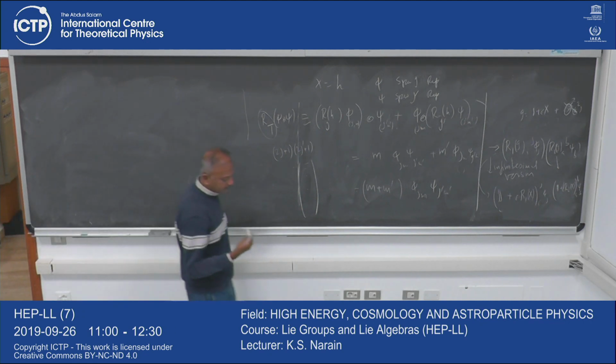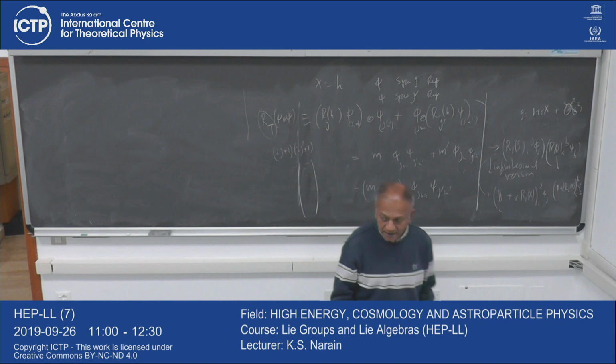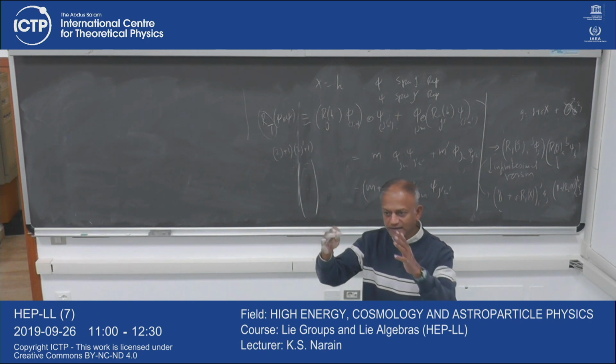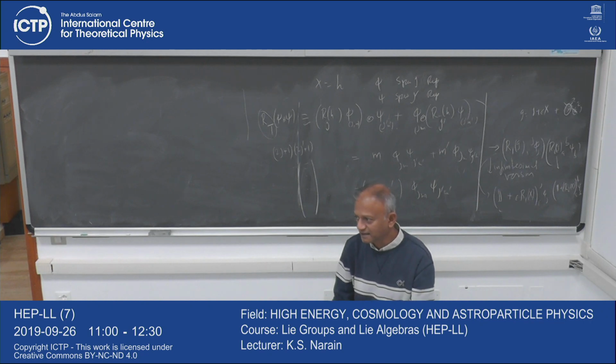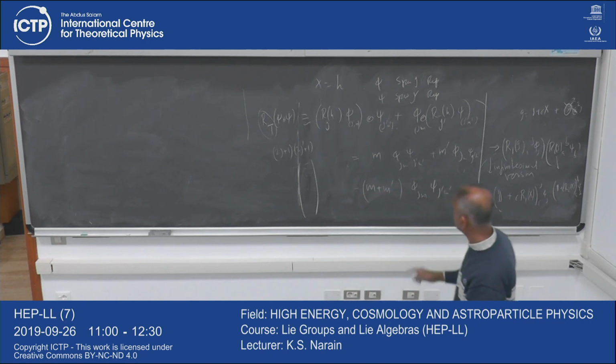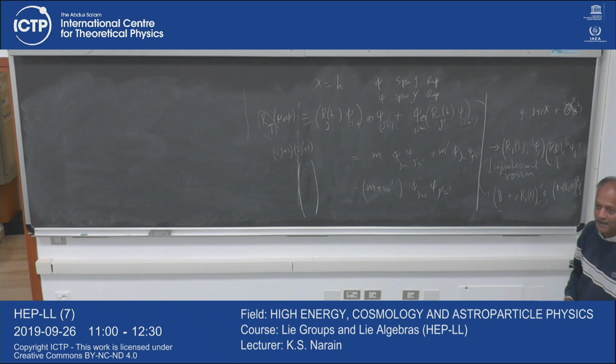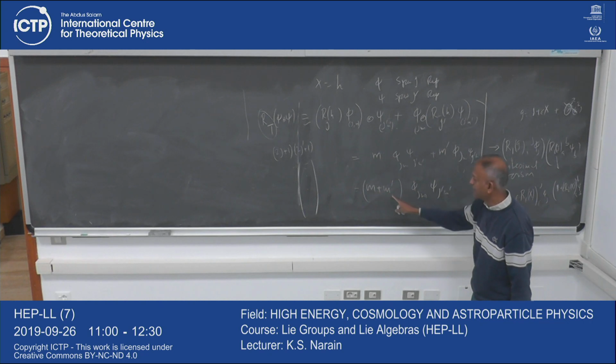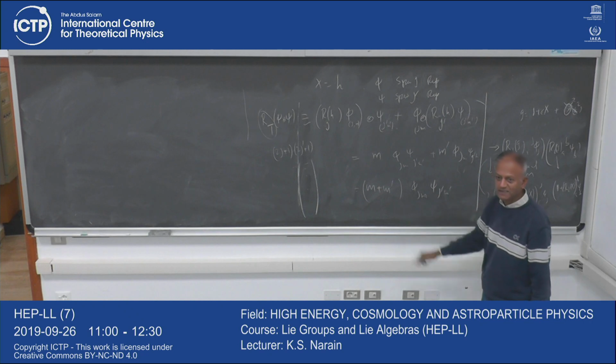You remember the way we constructed the irreducible representations was by looking at the highest weight, right? Once you have the highest weight, then the representation is fixed completely. So let us see what is the highest possible eigenvalue we can have. It's clear the highest value of m can only be j, and m prime can be j prime. So the highest value is j plus j prime.